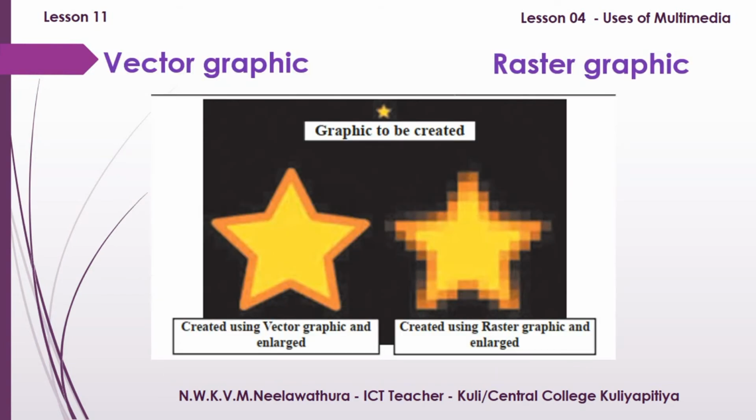Now you know what are the differences of raster and vector graphics. Look at this picture. Now you can see in the top of image graphic to be created. And there are two types of images. First one is created using vector graphic and enlarged. And the second one created using raster graphic and enlarged.